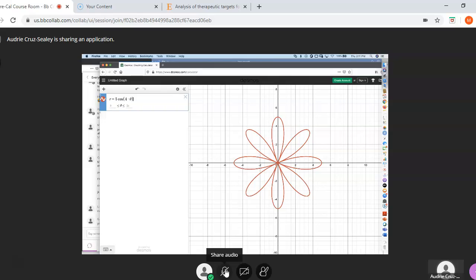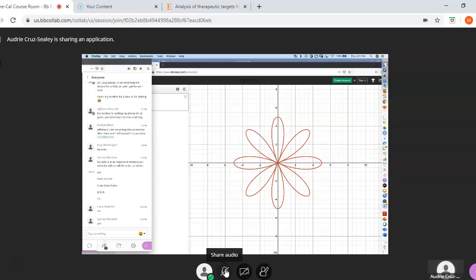Now, my question to you is, where do you think this has symmetry? Garrett, going back to the question that you had earlier, where do we think this has symmetry? Y'all are going to hate the answer.